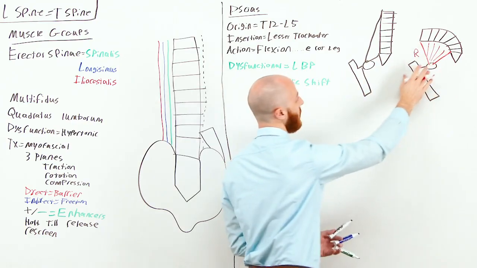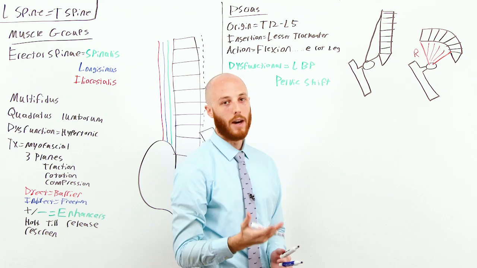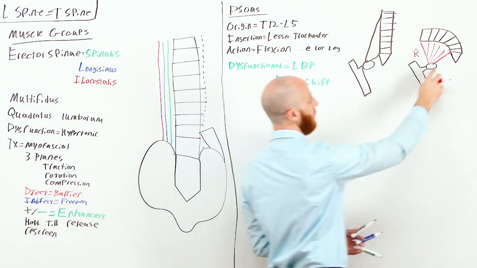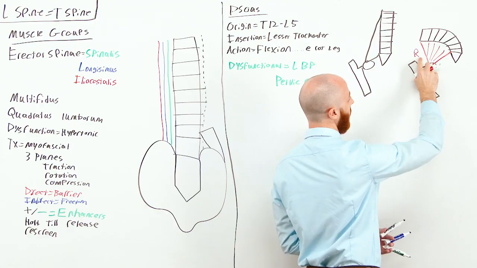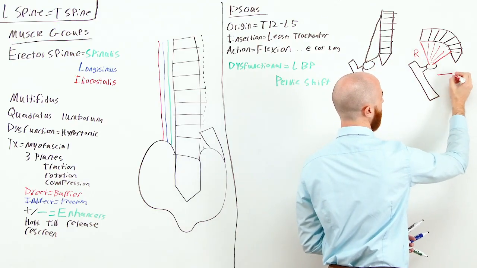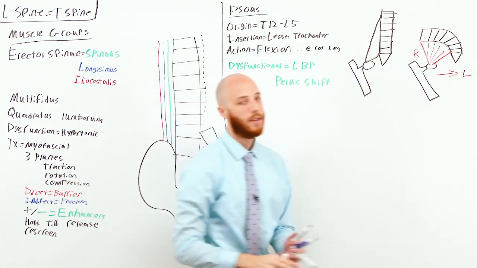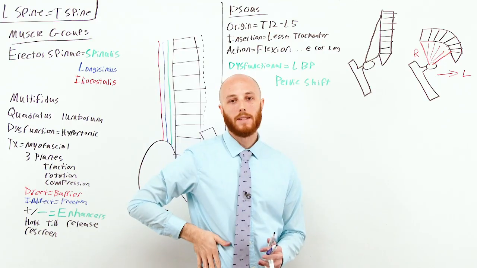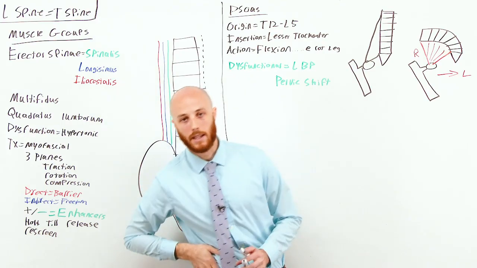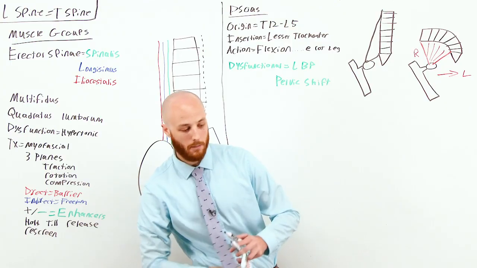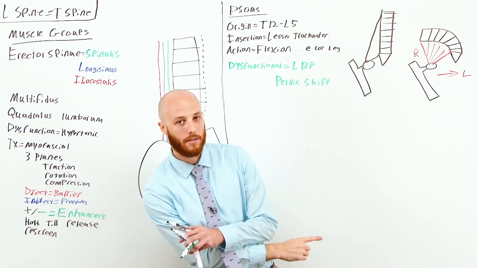This hypercontraction leads to the pelvic shift. So if this is contracted on the right side, you can imagine that the patient's pelvis is going to be shifted to the left. So if I'm going to demonstrate this, if my right psoas is contracted, making me lean this direction, my pelvis is now shifted to the left.